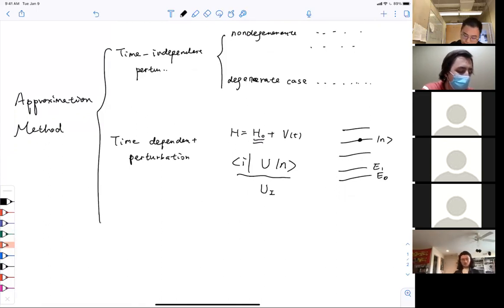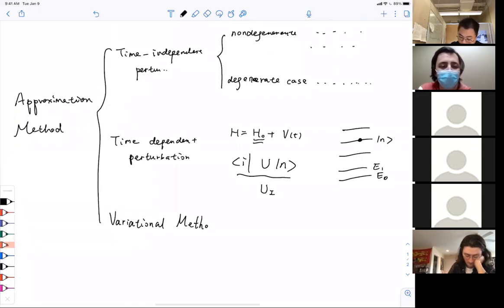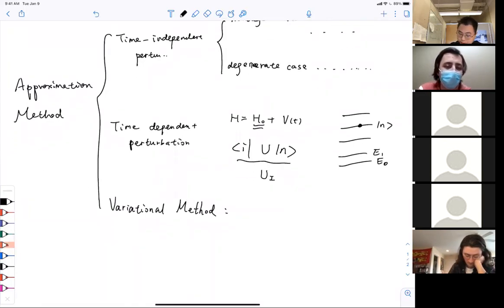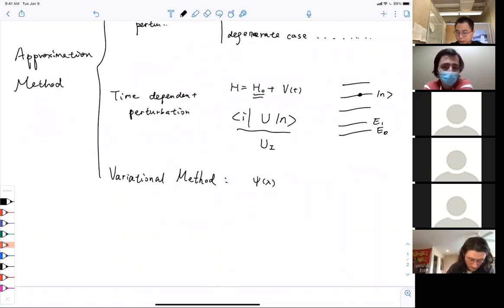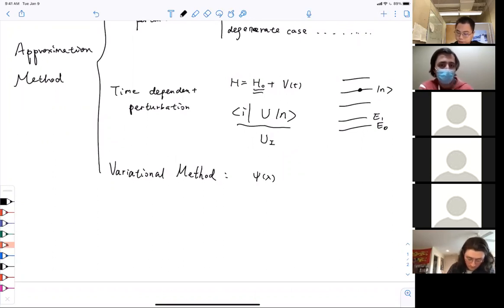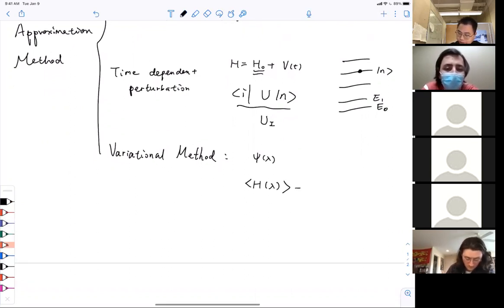Another thing we learned is the variational method. In this case, a trial function usually is given as a function of lambda, some parameter we eventually need to determine, right? We usually just calculate this energy average, by definition, it's like this.